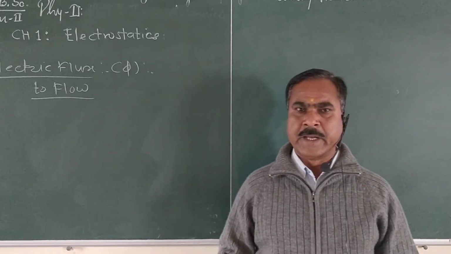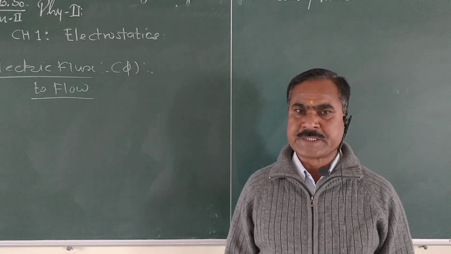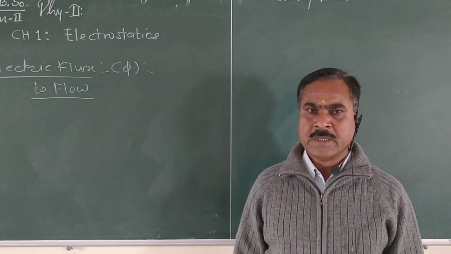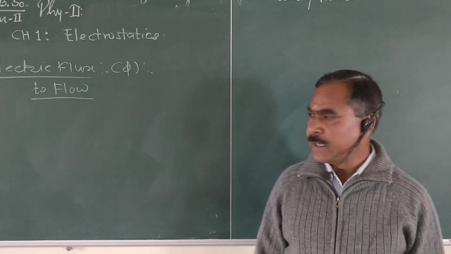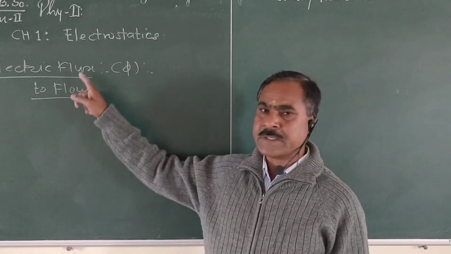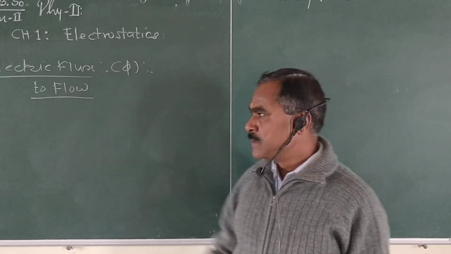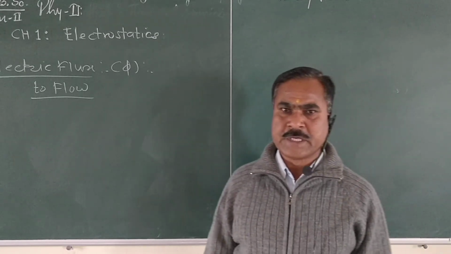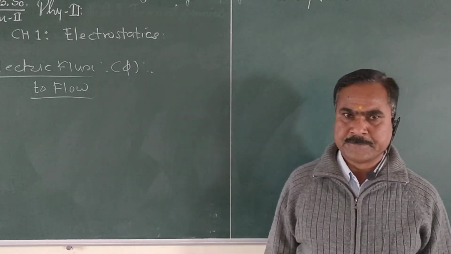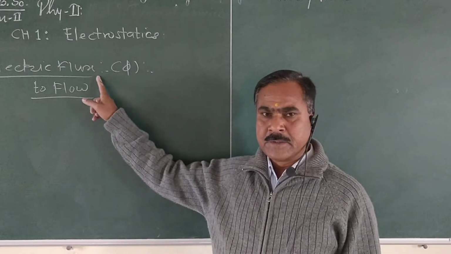Now, electric flux means the electric lines of force passing normally through a surface of area A, and this is called the electric flux. A small amount of electric flux passing normally through unit area is also called the electric flux.